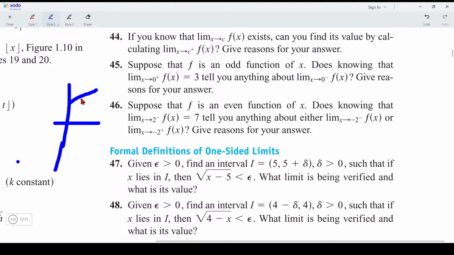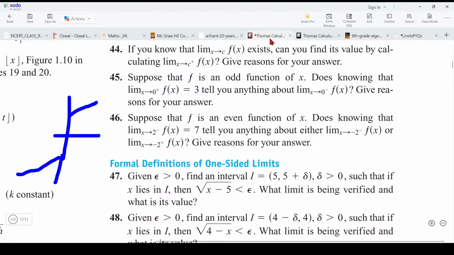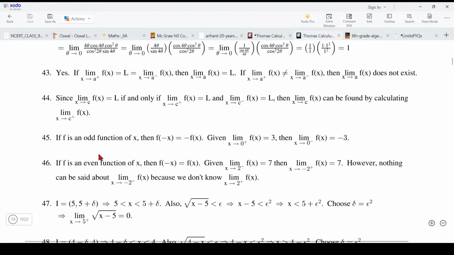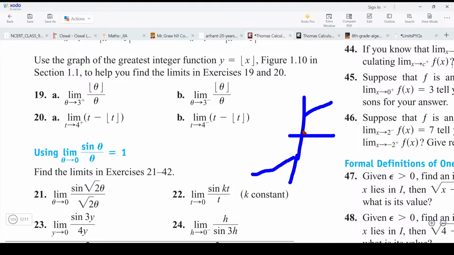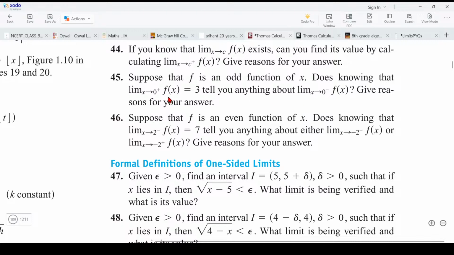In fact, as we have discussed, odd function means if you rotate the graph 180 degrees, you'll still get the same graph. So if you are approaching 3 from the positive side, you should approach minus 3 from the opposite side. That's what he is saying: if you are approaching plus 3 and it is an odd function, then you are approaching negative 3 when approaching from the other side.